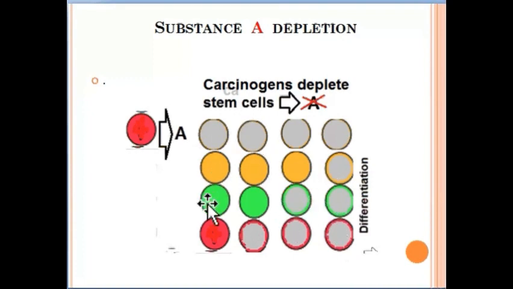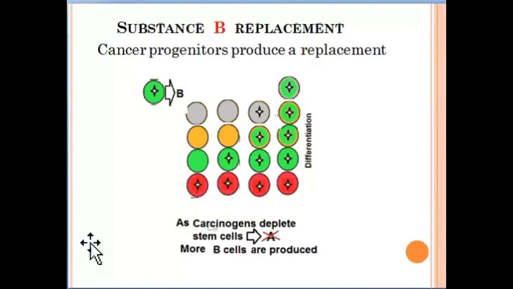So this is the depletion of substance A. Now, cancer cells produce substance B, which replaces the deficiency of A. And since the carcinogenic process continues depleting stem cells, this is an ongoing process and will end in anaplasia.